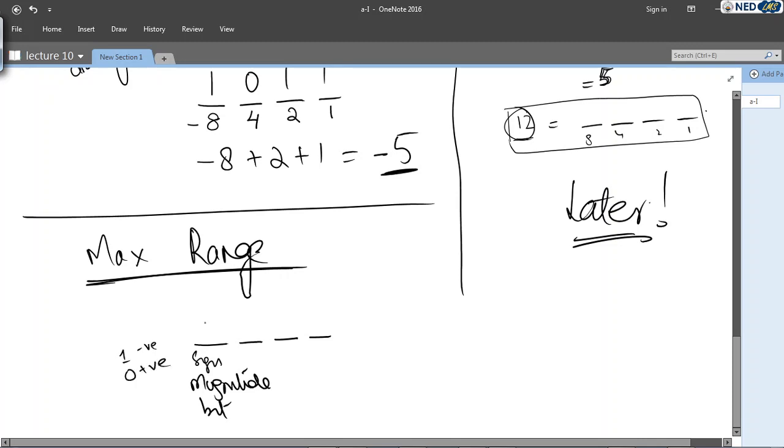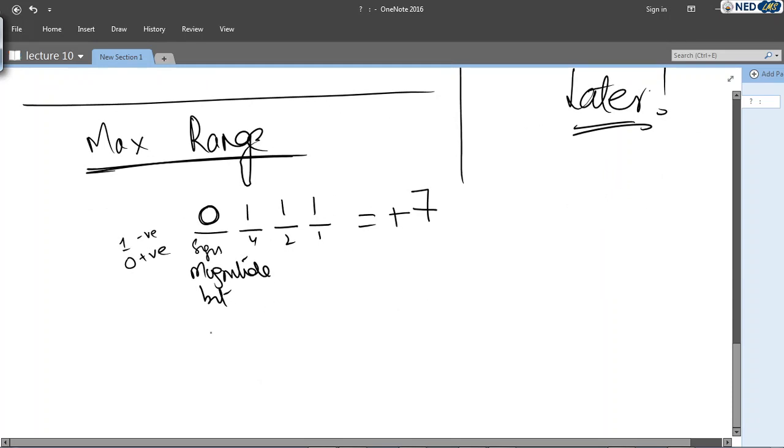Let's take the positive case. Let's say this bit is 0, and the maximum magnitude over here would be all ones. So that means 1 2 4, and the maximum range would be plus 7 on the positive side.